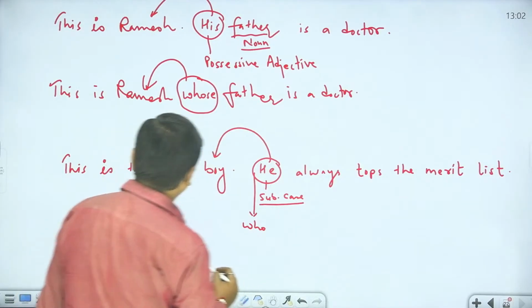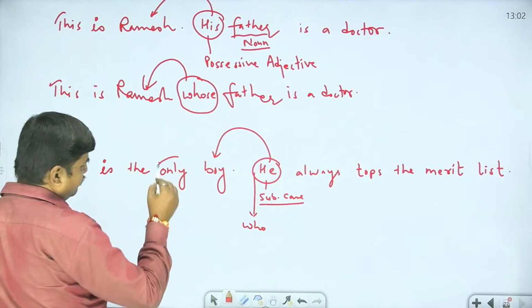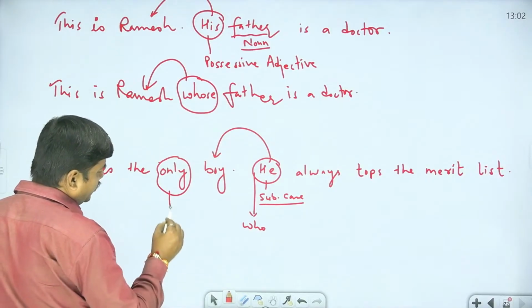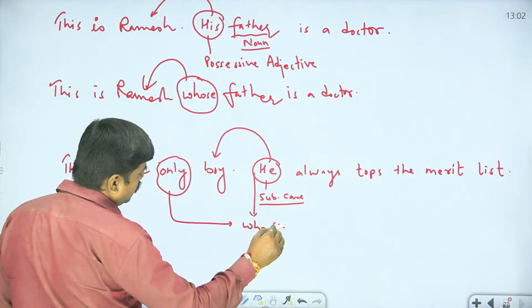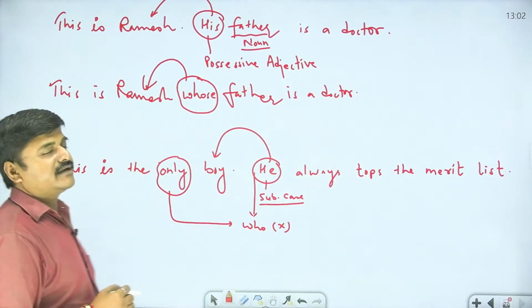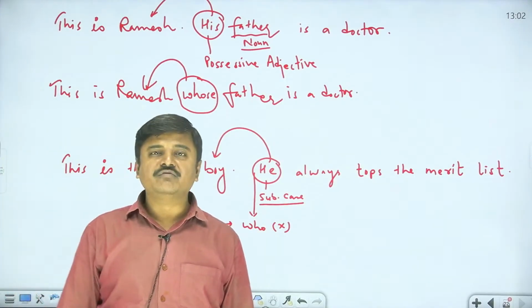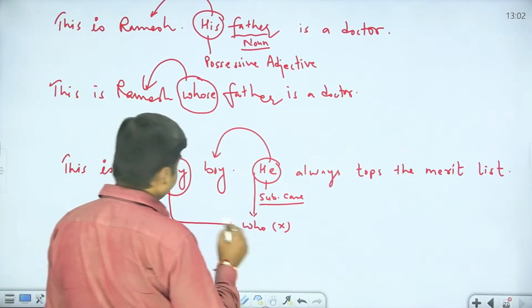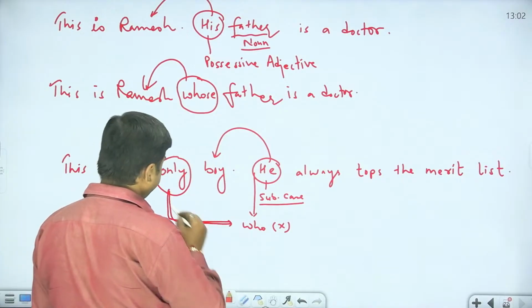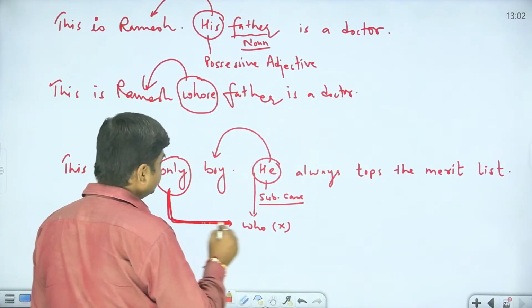But in this sentence, there is a word only. Only is such a word with which who is not used, because there are certain words that cannot go with certain other words. So in the same sense, we do not use who with only.